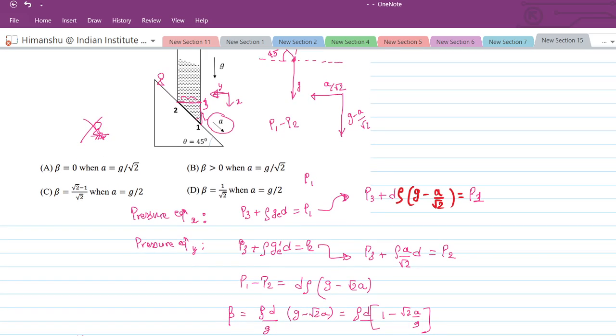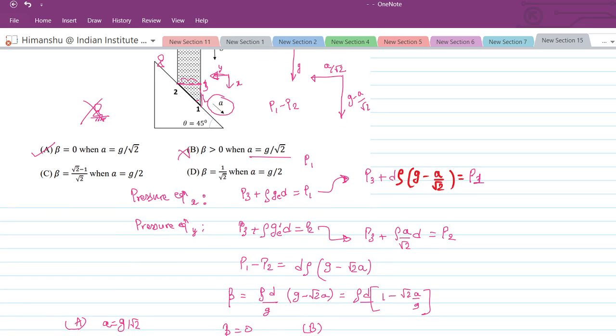For option A, if a equals g by root 2, then what will beta be? It will be simply 0. So this option is correct. And the second option is not correct. For the third option, if a equals g over 2, then we get beta as 1 minus 1 by root 2.